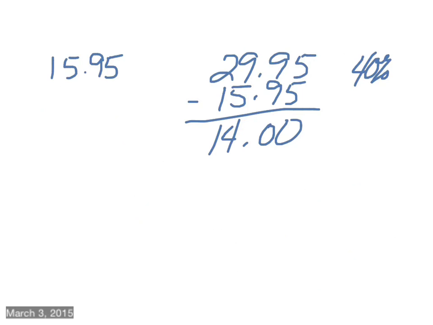So, all right, now the next piece. I need you to take $29.95 and times it by 40%. The reason why I'm doing that is I'm trying to find the overhead.